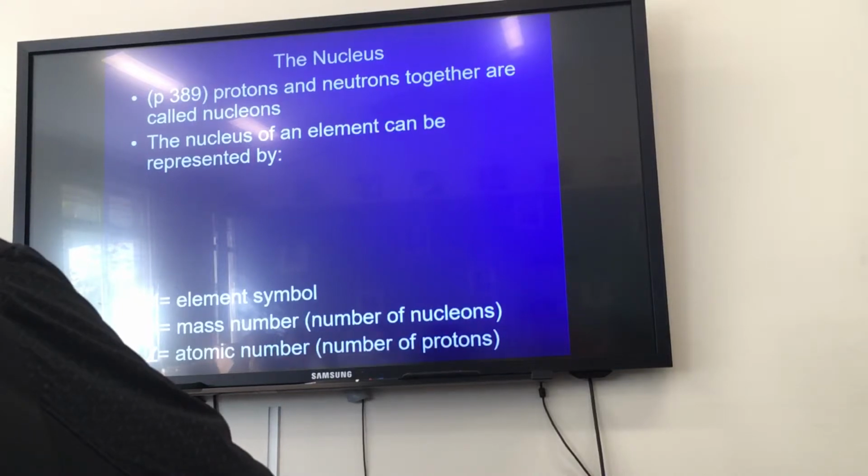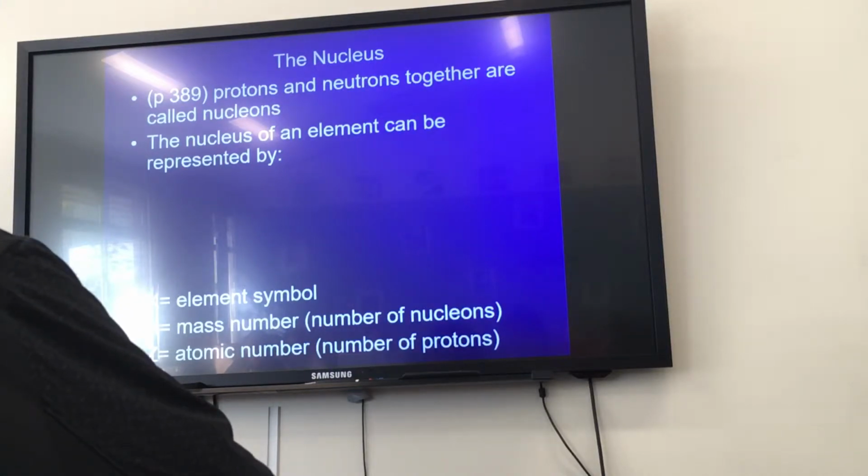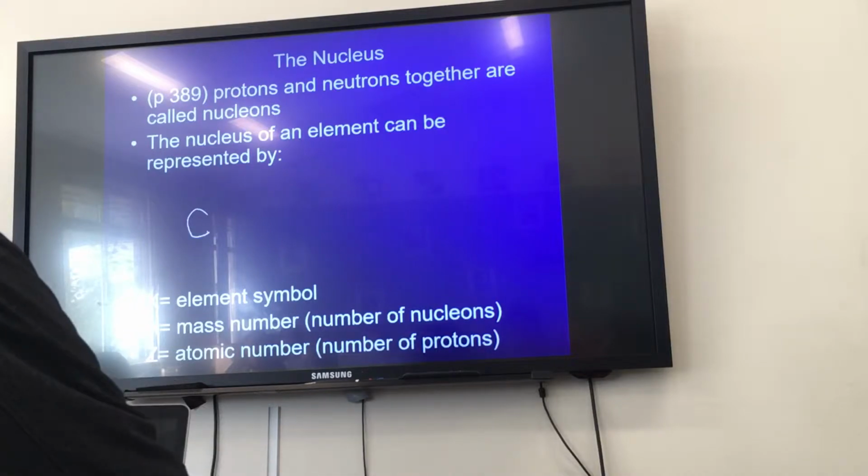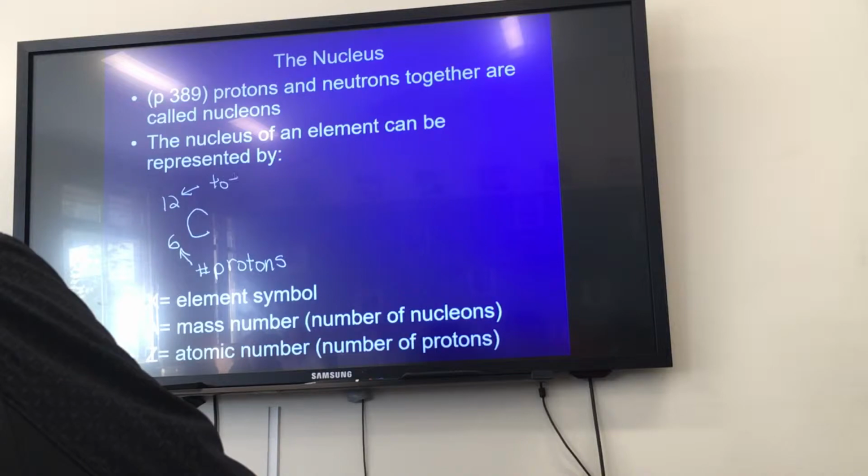First, we need to understand the nucleus, where we can have protons and neutrons. Let's pick something like carbon. Usually that's a 6 and a 12, and 6 is the number of protons, and 12 is the total, protons plus neutrons.